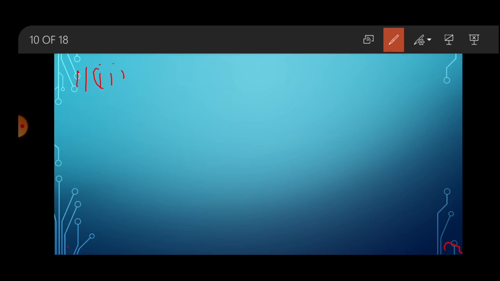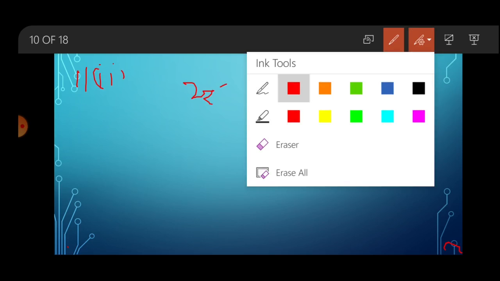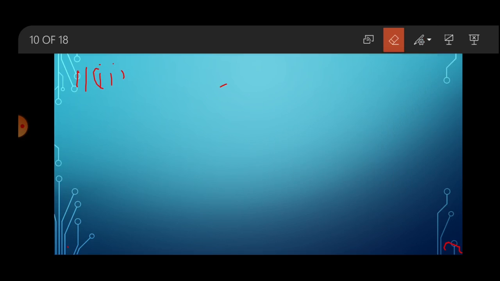Okay, so we have x upon 1 plus 1 upon x is equal to 2 and 1 upon 20.